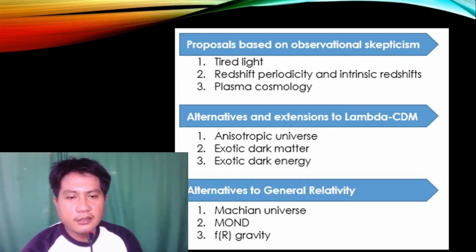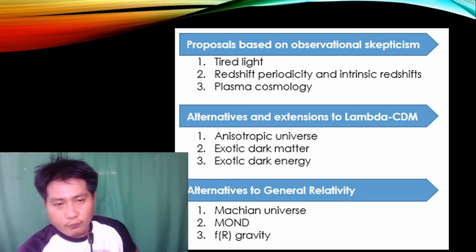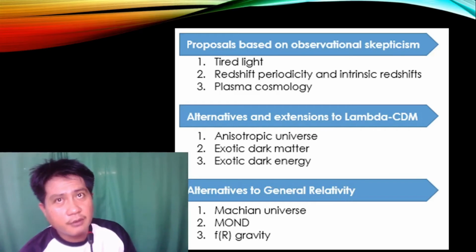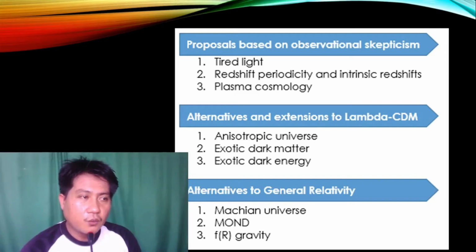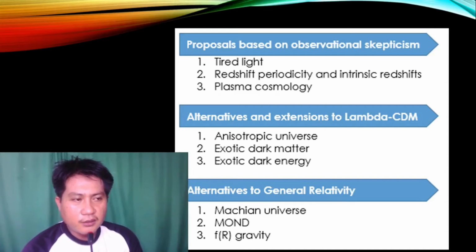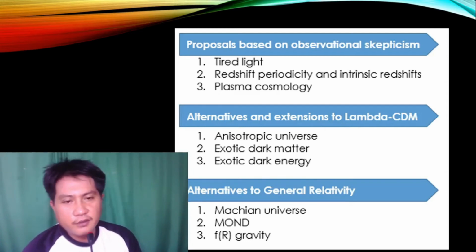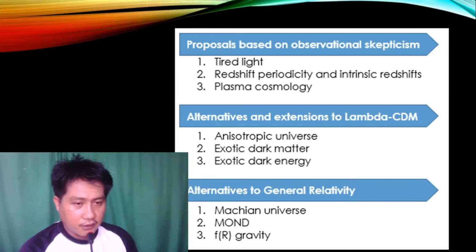And then on the alternatives and extensions of lambda CDM, the exotic dark matter and dark energy, the main concept is that the Milky Way, or our galaxy, is placed in a part of the universe where there is lesser matter or fewer objects.